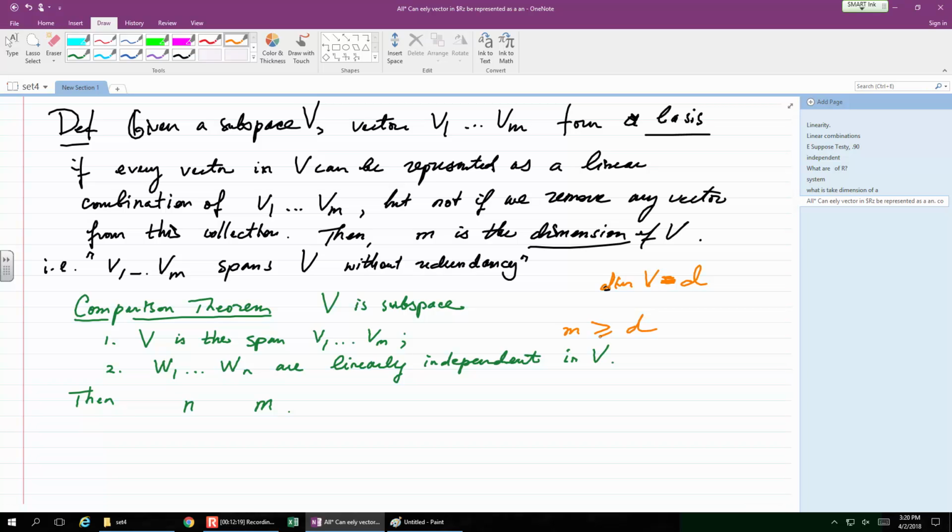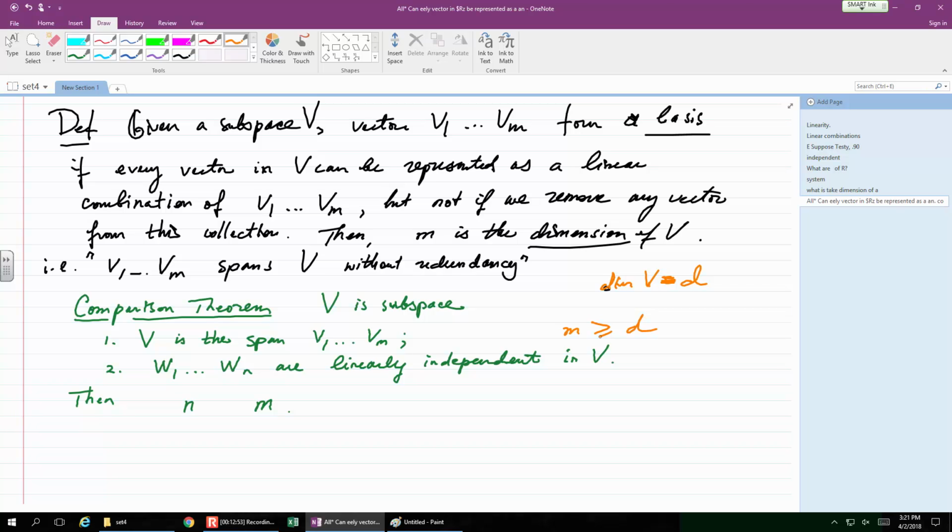You can span with as many elements as you want, and there is a basis somewhere in that collection, as a matter of fact. But it could contain some redundant elements as well. So if you have a collection of m vectors that spans the space, then you have to have at least as many elements in the collection as the dimension. You cannot have fewer than D.